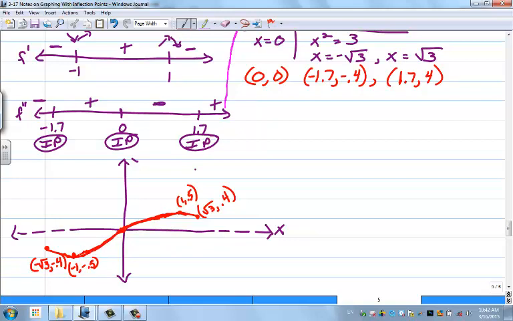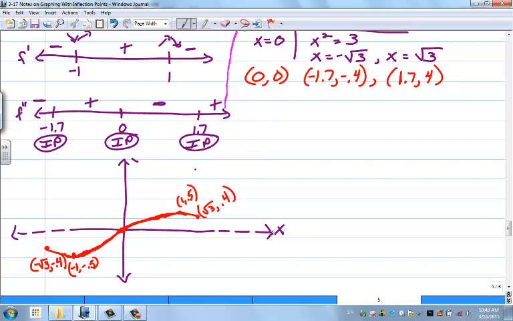Okay, now once I have those, see, this is concave down, negative, this is concave up. You have a min here from your F prime, you have a max here from your F prime graph. Finally, you're concave down. Now, after 1.7 or radical 3, your graph becomes concave up again.